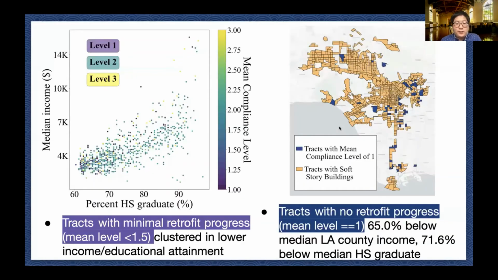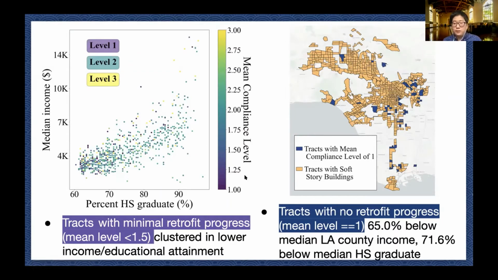So the figure on the left is a color plot that shows the mean compliance level for each census tract, and the axes of median income and percentage of high school graduates were just selected for visualization purposes because they happen to have the best apparent trend. And here we can see that the lagging tracts, which are mainly shown in purple, are clustered around lower income as well as lower educational attainment areas.